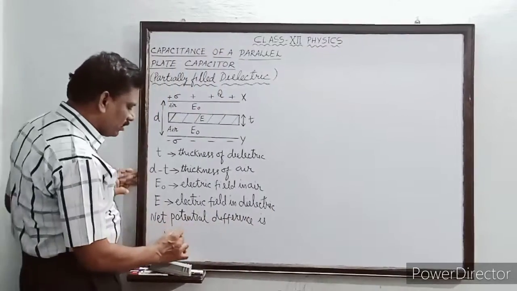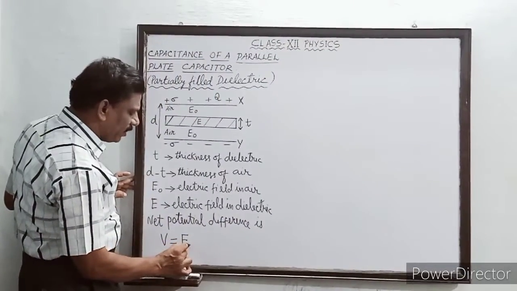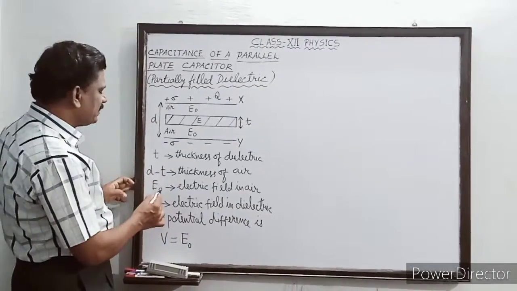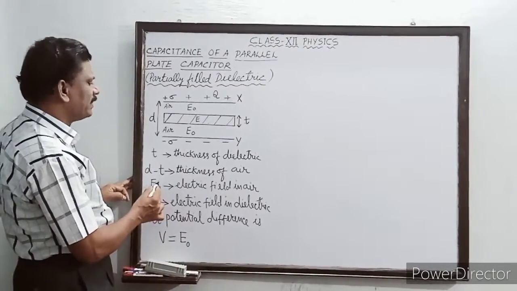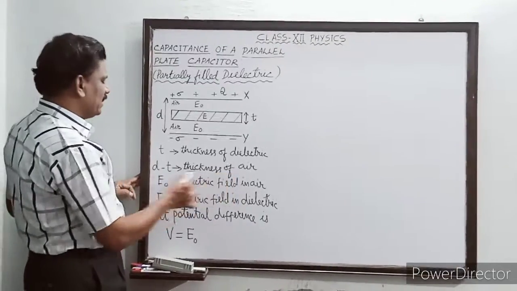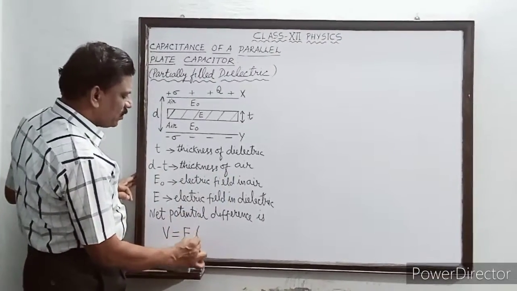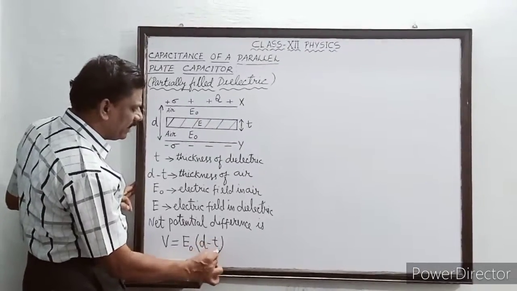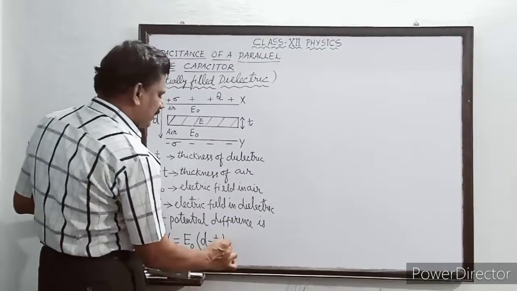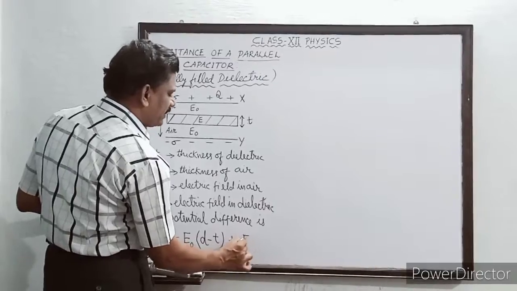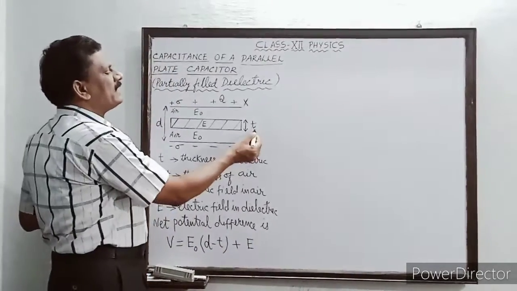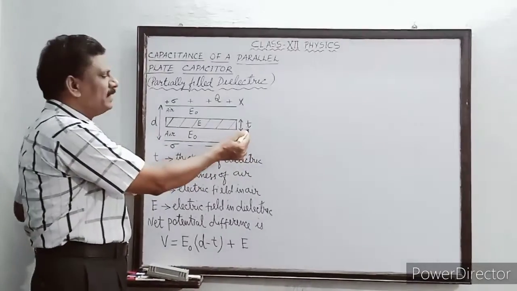It is E naught, and through how much distance is it traveling through air? What is the thickness of air? It is D minus T. So through a distance D minus T, plus the electric field inside the dielectric, E, into the distance it is traveling through that medium, T.